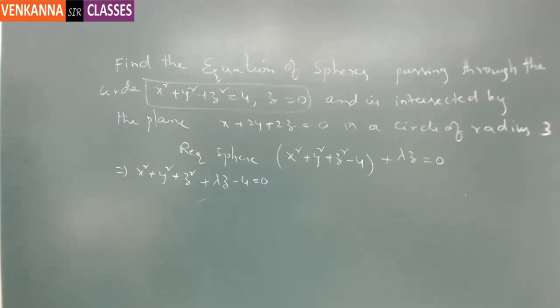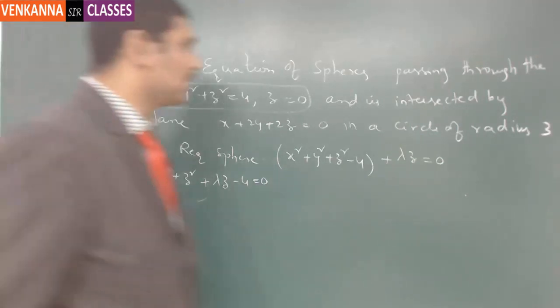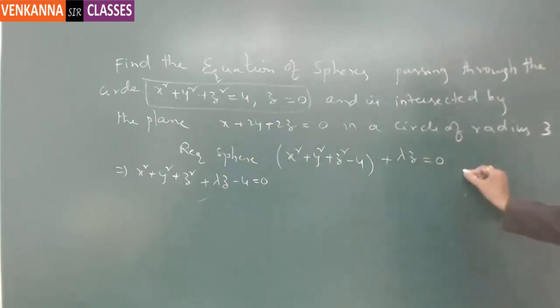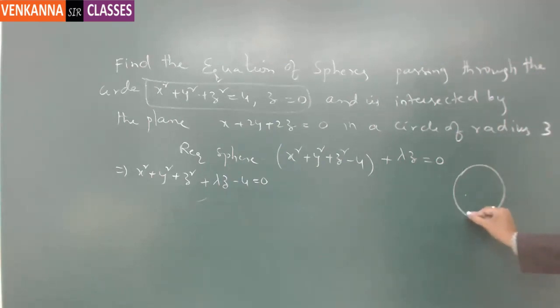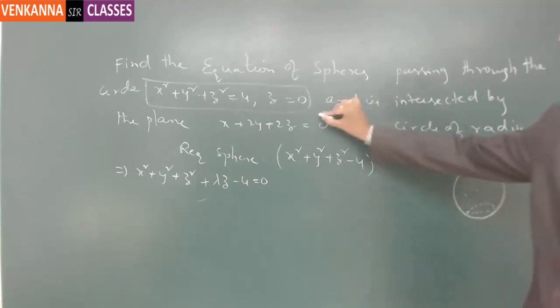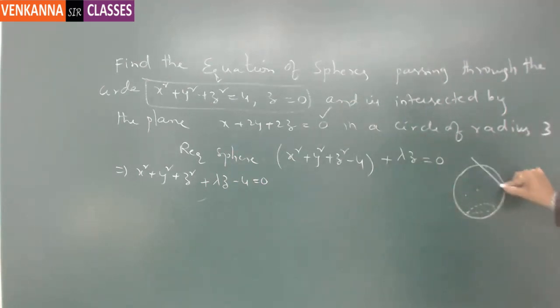So for small visualization, you can draw the picture like that. This is our required sphere, which contains the circle as per the problem. And if the new sphere is intersected by this plane, say this is the plane which intersects, then you have a circle here.